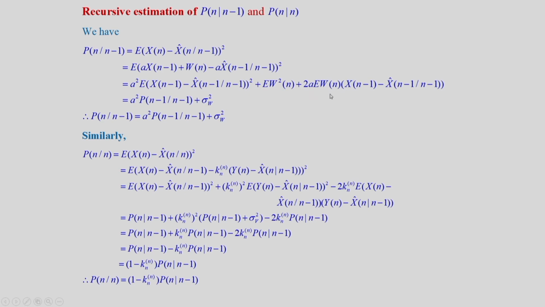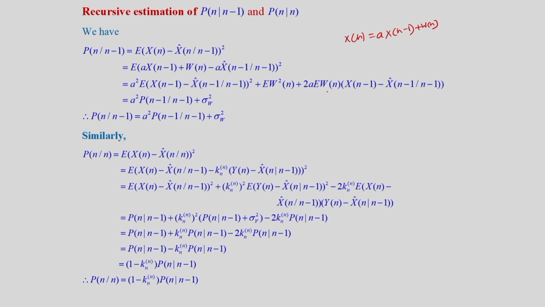So, if we consider the signal model, x[n] is equal to a times x[n-1] plus w[n], and this w[n] is independent of x[n-1], x[n-2], etc. That way w[n] will be independent of all past values of x[n]. Similarly, w[n] will be independent of all past values of data.